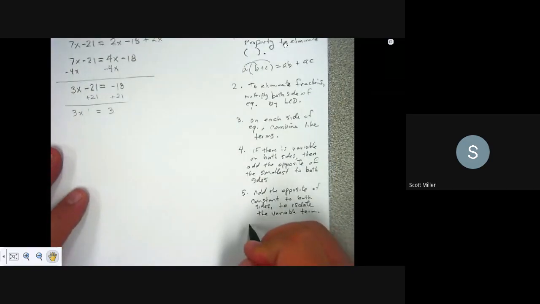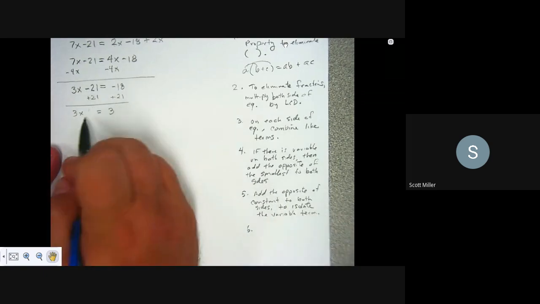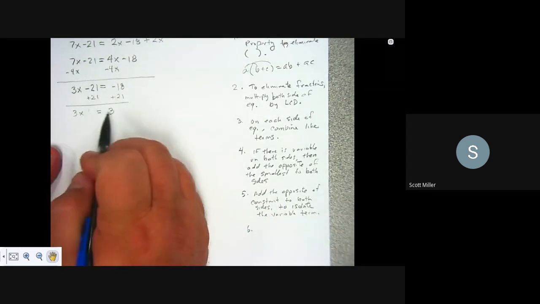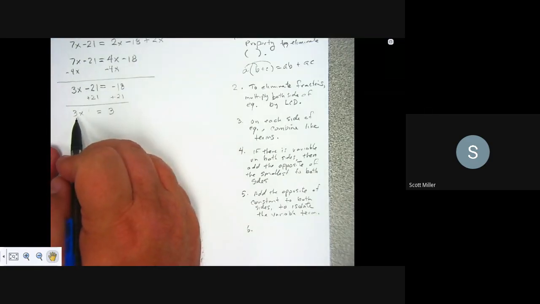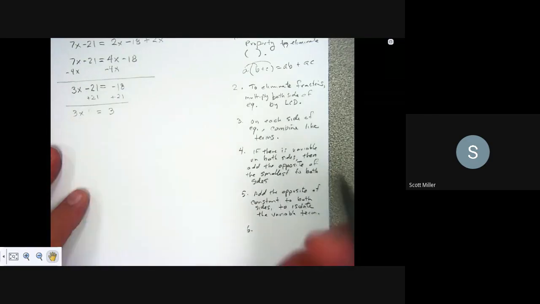As you can see, we're getting close to the end. Now a lot of times people will teach us to divide by 3, and that's fine. The only problem with that process is that there are some problems that require you to do 2 steps, whereas I'll talk about it in 1 step.